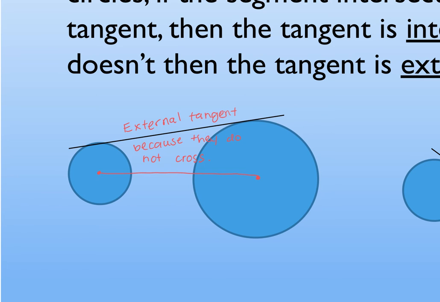Okay, do you guys see another external tangent on this image? Is there another one, or is that the only one up at the top? Could we draw another one?